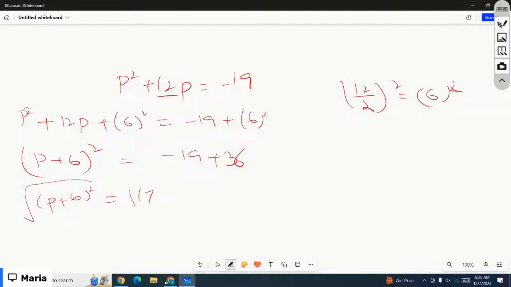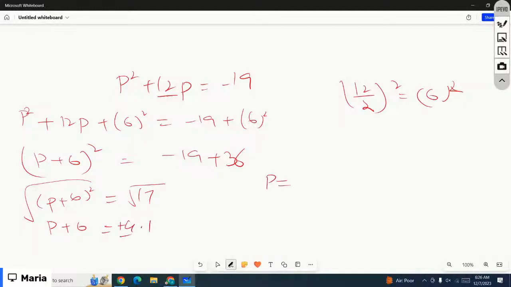Let's just evaluate, square root both sides. So you are left with p plus 6 equals square root 17, which is 4.1, plus minus.